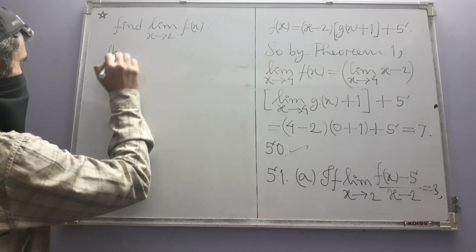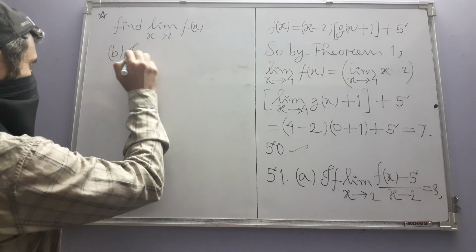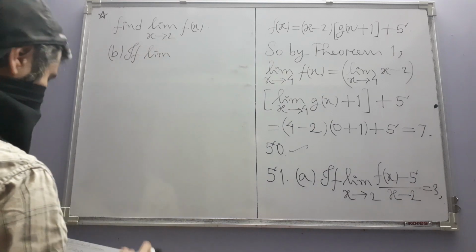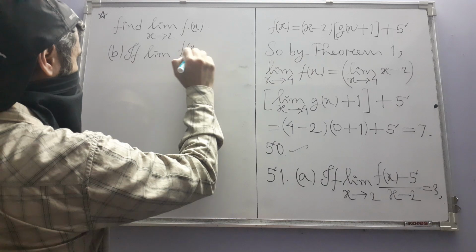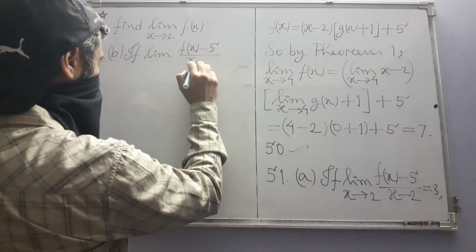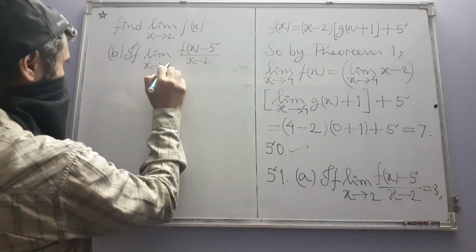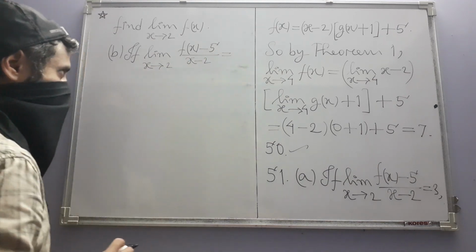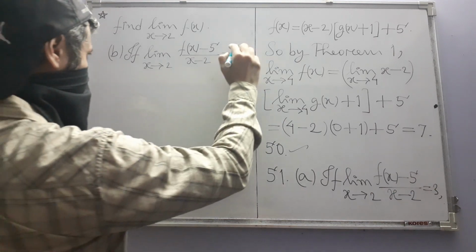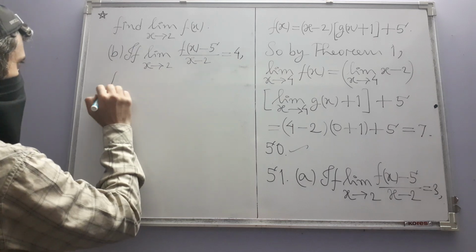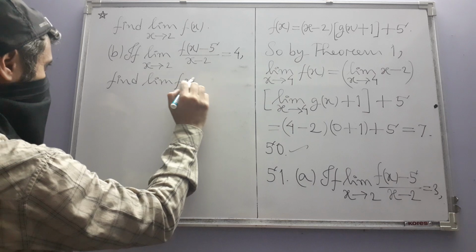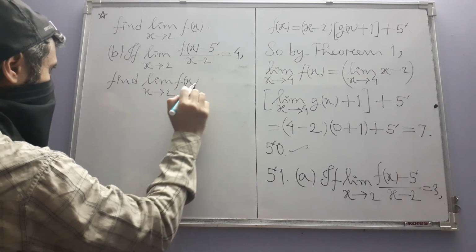And part B is also one such. If the limit of (f of x minus 5) over (x minus 2), the function is the same, and also the independent variable is approaching 2, but now the value of the limit is 4, then find the limit of f of x.